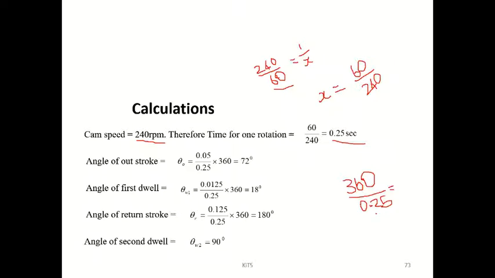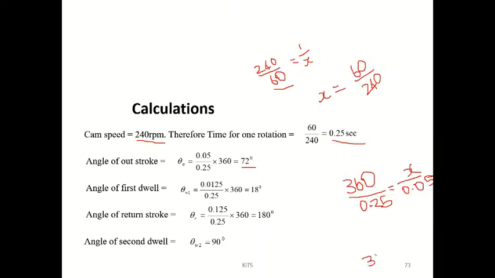So in 0.25 seconds a cam is crossing 360 degree. What is the outstroke value? Outstroke value is 0.05 seconds. In 0.05 seconds, how many degrees will it cross? 72 degree.